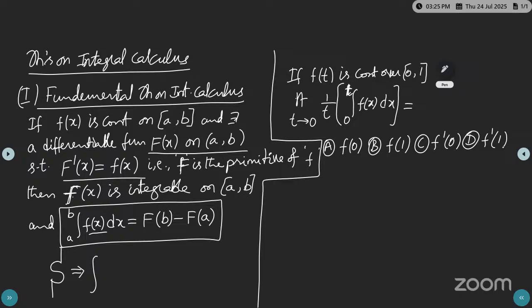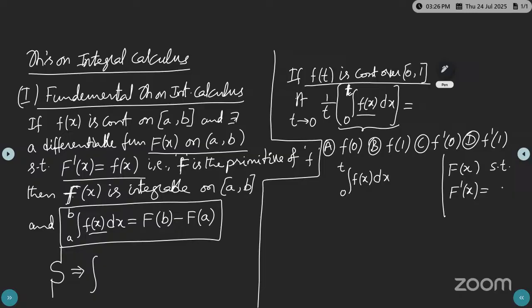Listen clearly. This is given as continuous over the interval closed 0 to 1. Now I am going to write integral 0 to t f of x dx. If you know this concept, we are supposed to have a function capital F of x such that capital F dash of x equals small f of x.